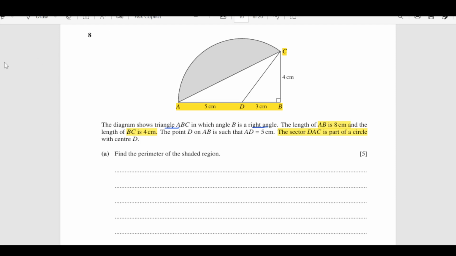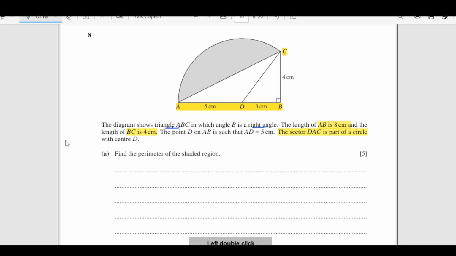For the perimeter, first of all we will need the length of AC, this one from here to here, the arc length and the length of AC.